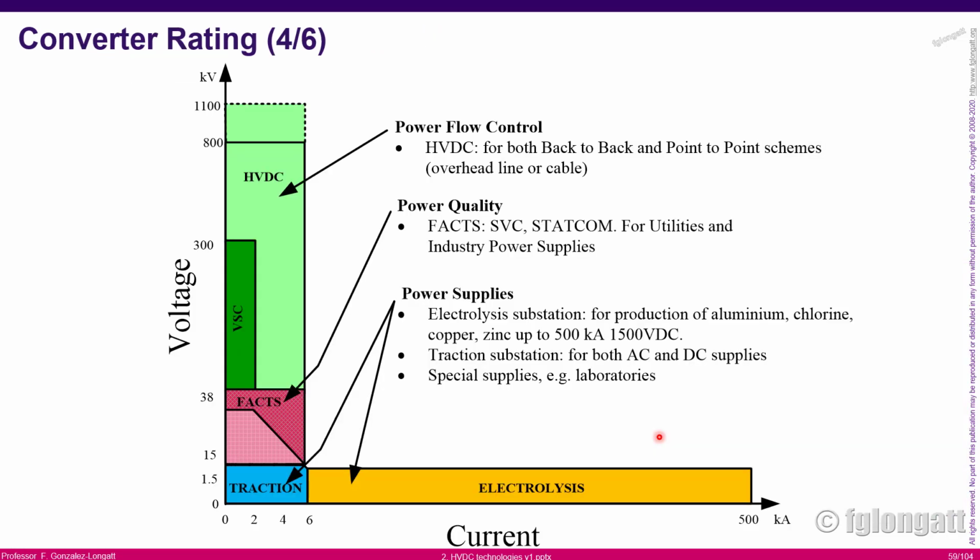Okay, over here you can see a comparison of different applications of power electronics. As you can see, there are very low voltages and very low currents, typically for traction, but very low voltage and very big current for electrolyzers.